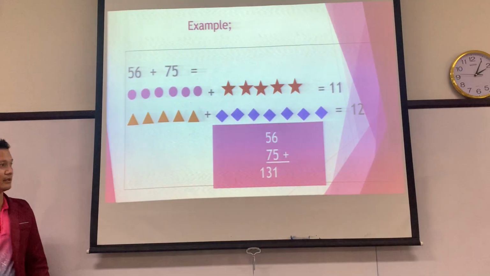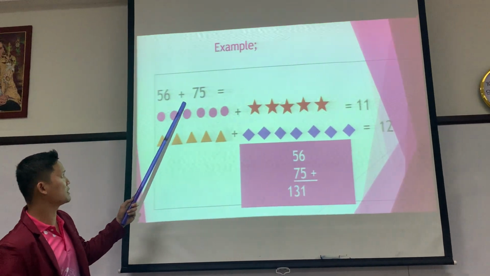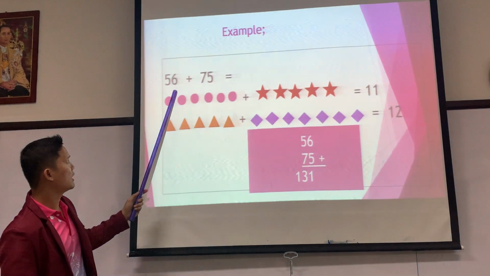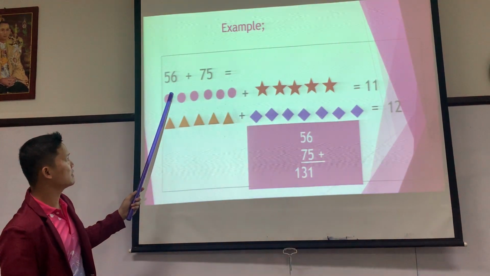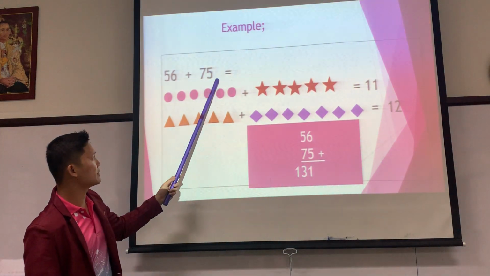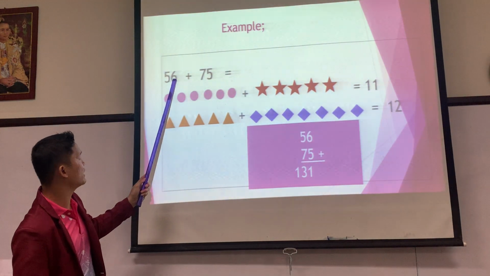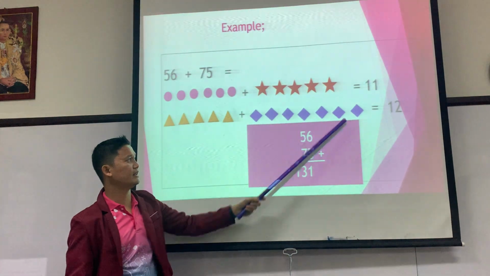Okay, example here. We have the numbers 56 plus 75. So we have 6 balloons, and here how many stars? There are 5 stars. So if we have to add, 6 plus 5 equals 11.